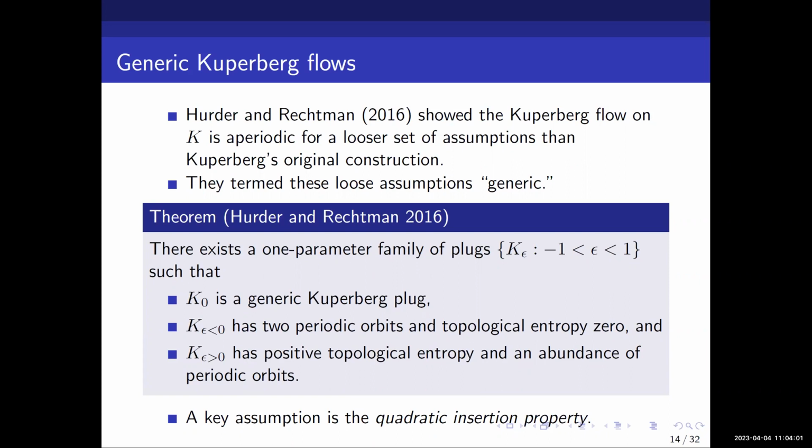So the paper, I may have miscited this result. Herder and Reckman's original paper came out in 2016. It's kind of massive, like 170 pages or something like that. But they had a second paper that they called, I think it was something like at the boundary of hyperbolicity, at the boundary of chaos or something like that.